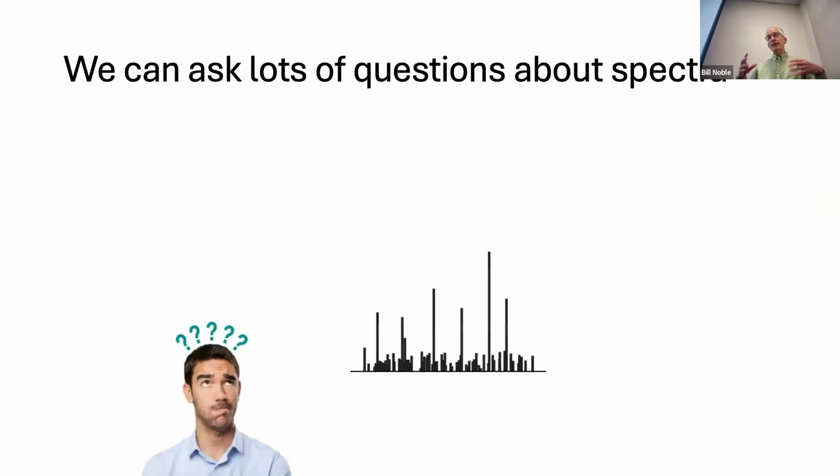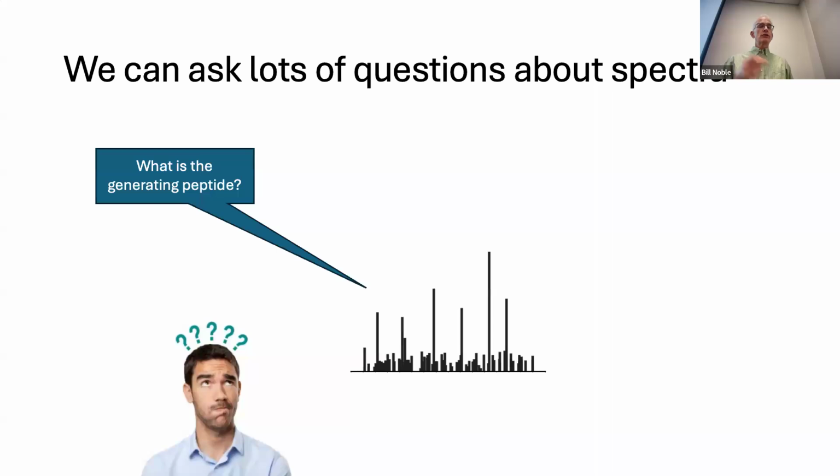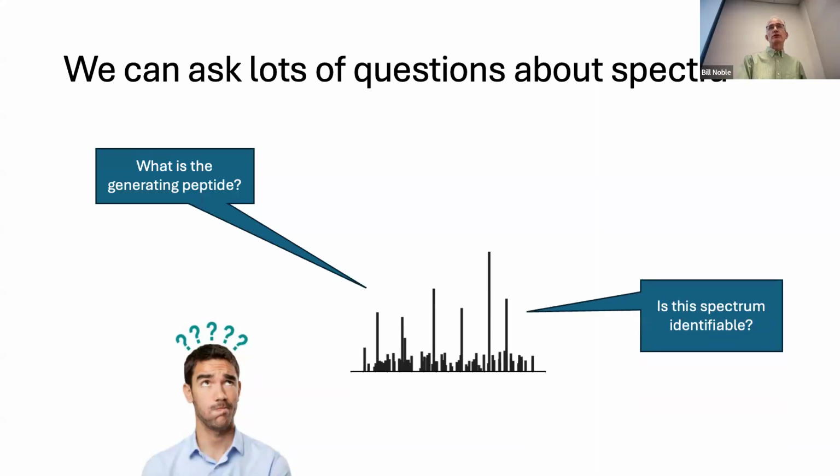So the basic setup here is that if you have a spectrum, there are actually multiple kinds of questions that you might want to ask about it. The one we've been talking about so far is what peptide was responsible for generating this spectrum. But if you go in the proteomics literature, you'll see people writing papers about things like, is this a high quality spectrum?